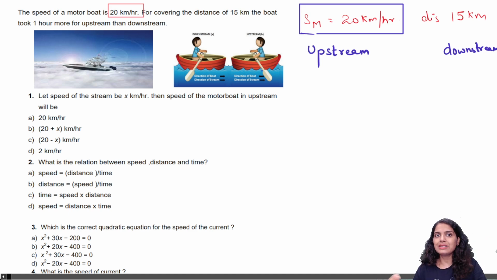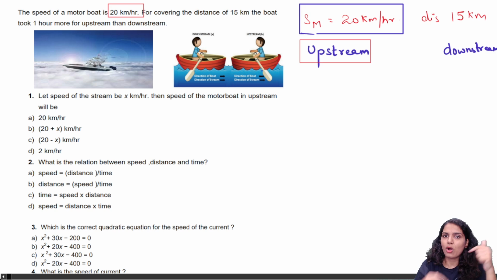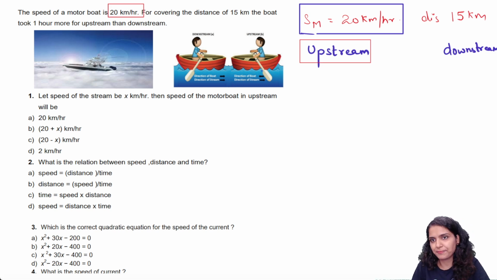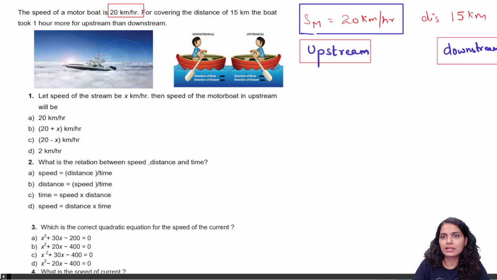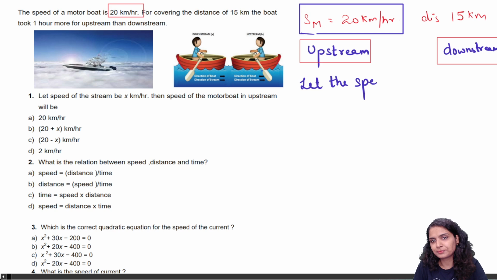Upstream means going against the current or the stream, and downstream is going along with it. So let's say the speed of the stream be x kilometers per hour.